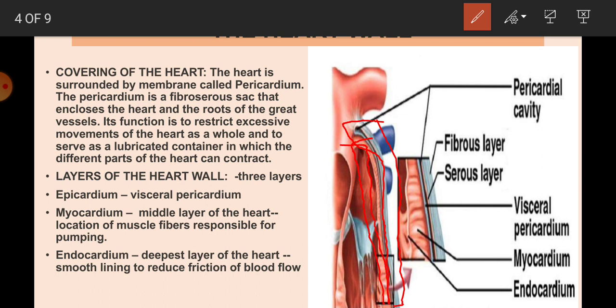If you zoom in on a part of this, then you will see here the outermost is pericardium, and there is some space here. This is the pericardial cavity.